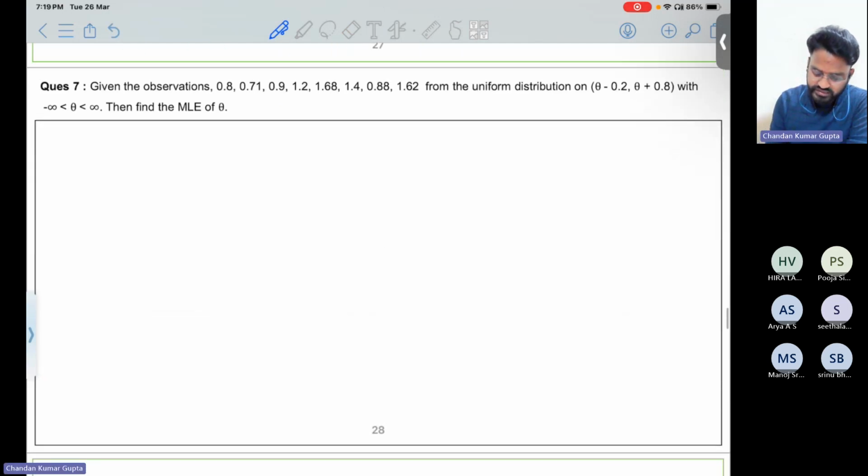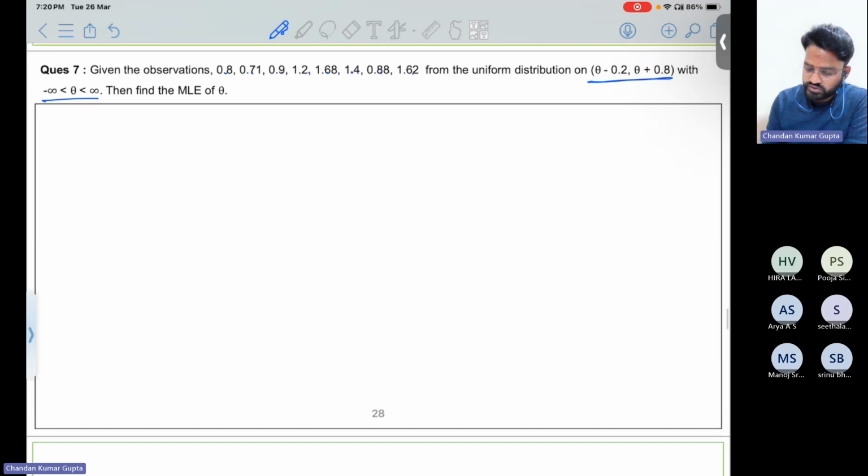Now the next question is like, 4, 5, 7, 8 observations are given from the uniform distribution with range theta minus 0.2 to theta plus 0.8, with theta lying between minus infinity to plus infinity. We need to calculate the MLE of theta again.